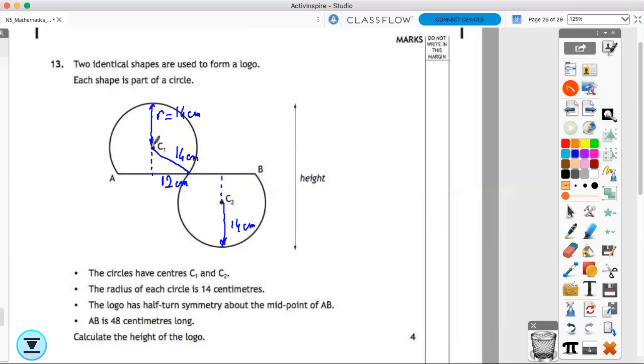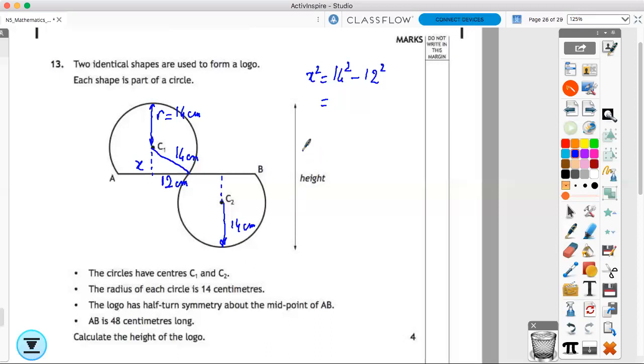So you just need to find that once and then that once, that's it. If I'm going to call that x, Pythagoras tells me that x squared is, because it's a shorter side, the longest side minus the other short side. So 14 squared minus 12 squared, that is 52.